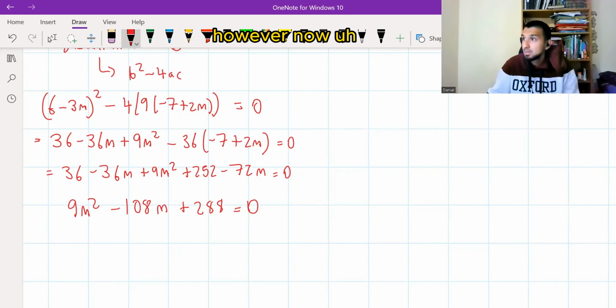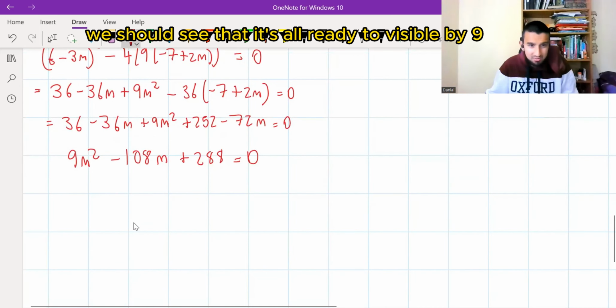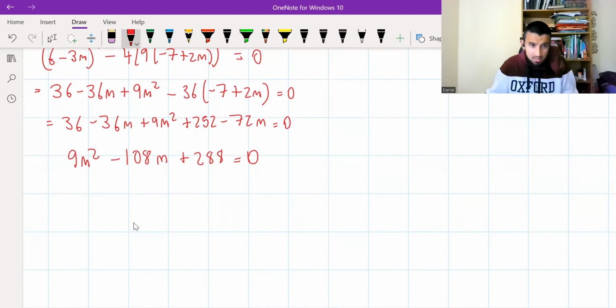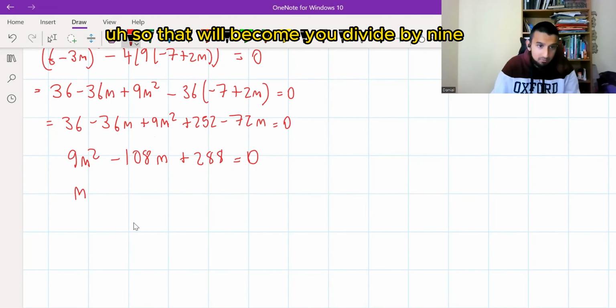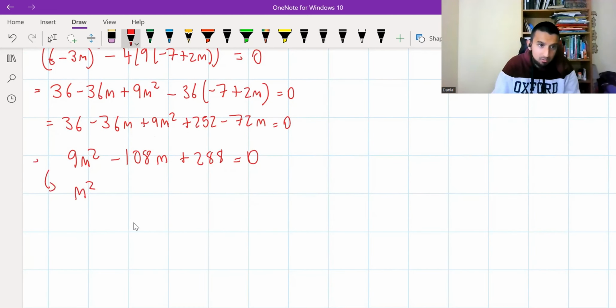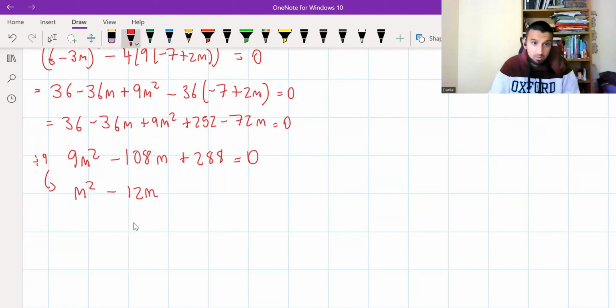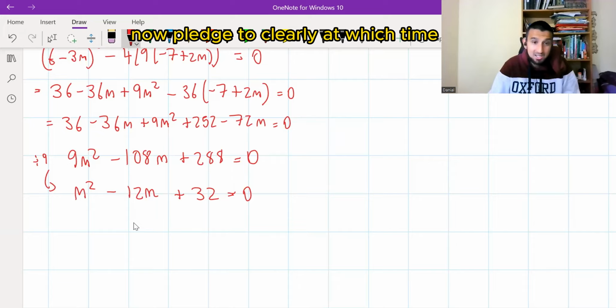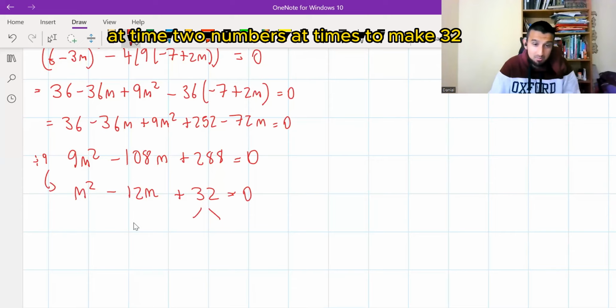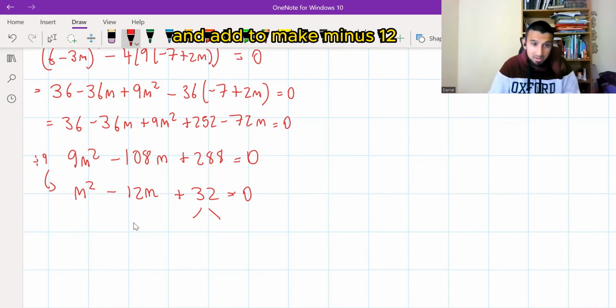However, now we should see that it's all divisible by 9. If you divide by 9, that becomes m squared minus 12m plus 32 equals 0. Now, which two numbers multiply to make 32 and add to make minus 12?